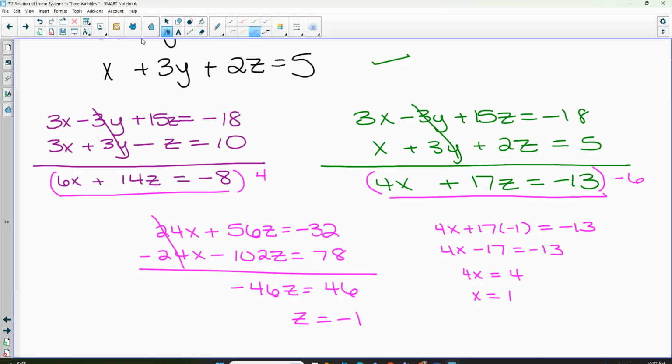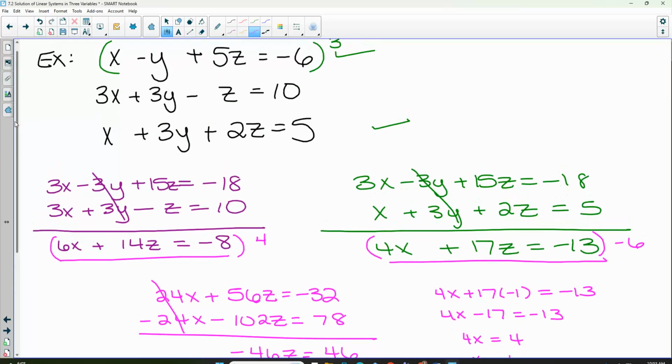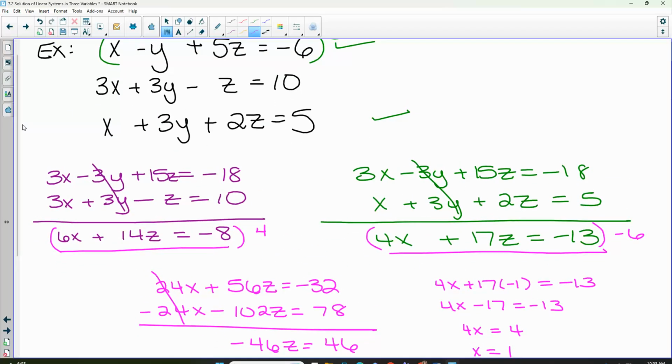Once I have x and z, plug them back into one of the originals, so I'll just go with the first one. So the first one, my x is 1 minus y is 5 times z.